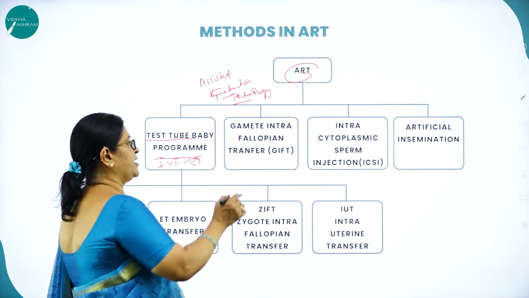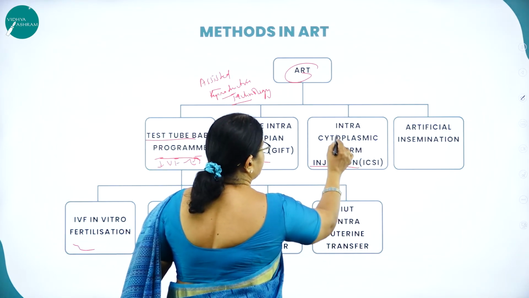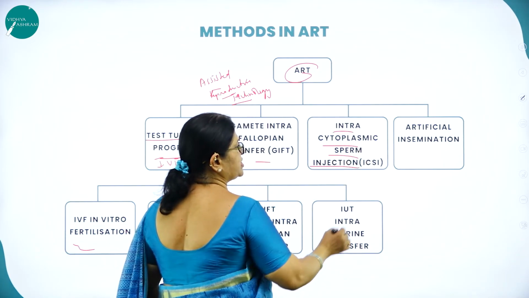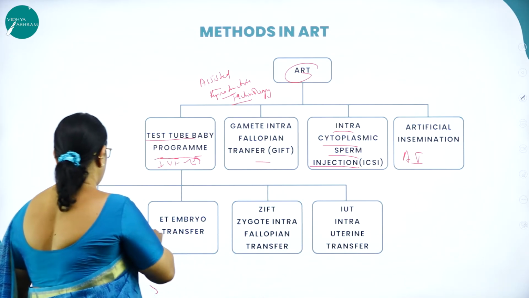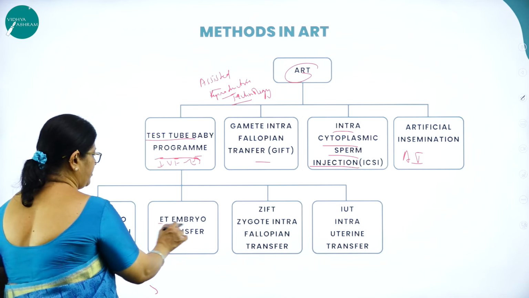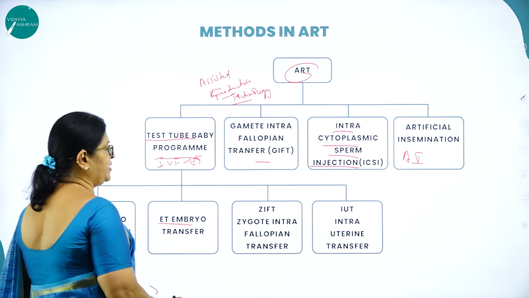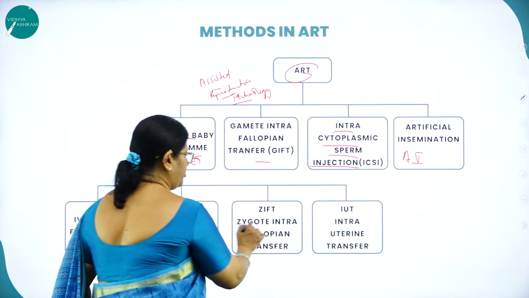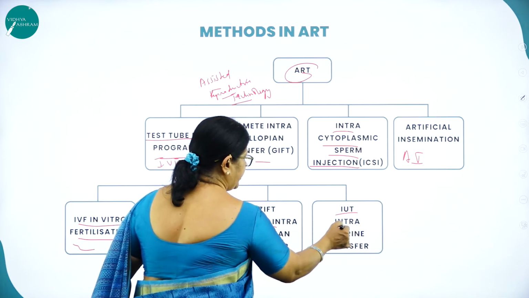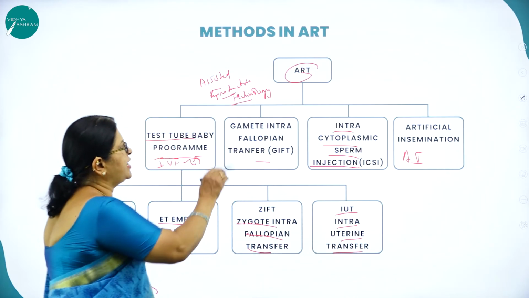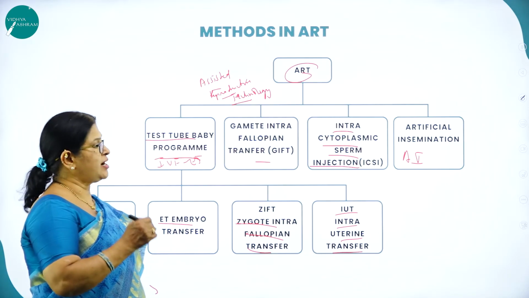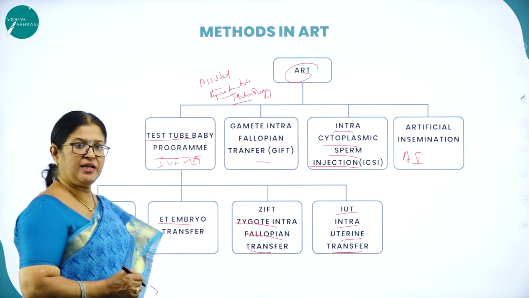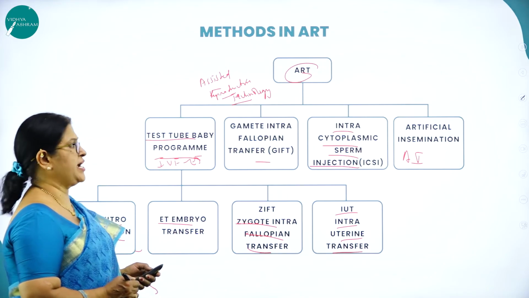Gamete intrafallopian transfer, that is GIFT. ICSI, intracytoplasmic sperm injection. Artificial insemination, that is AI. Then ZIFT, zygote intrafallopian transfer. Then IUT, intrauterine transfer. All these are the ARTs, assisted reproductive technologies, which help infertile couples to bear a child.